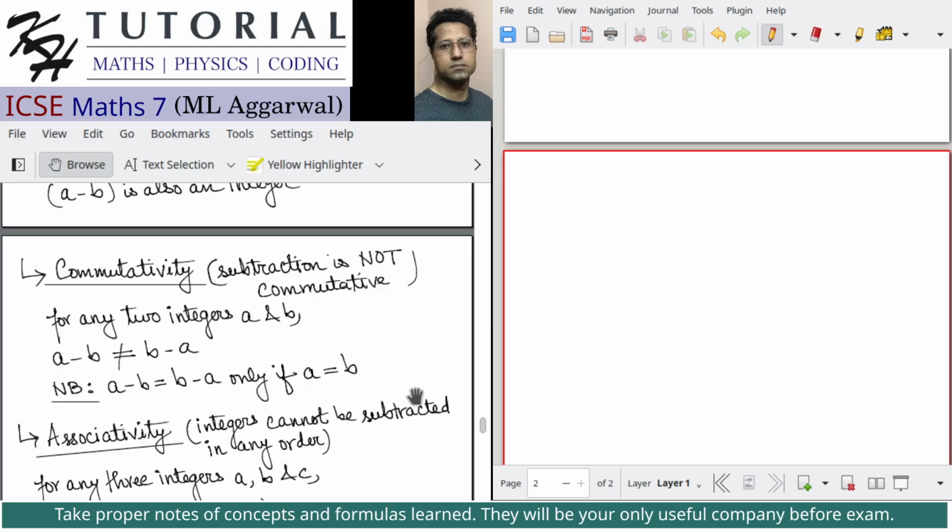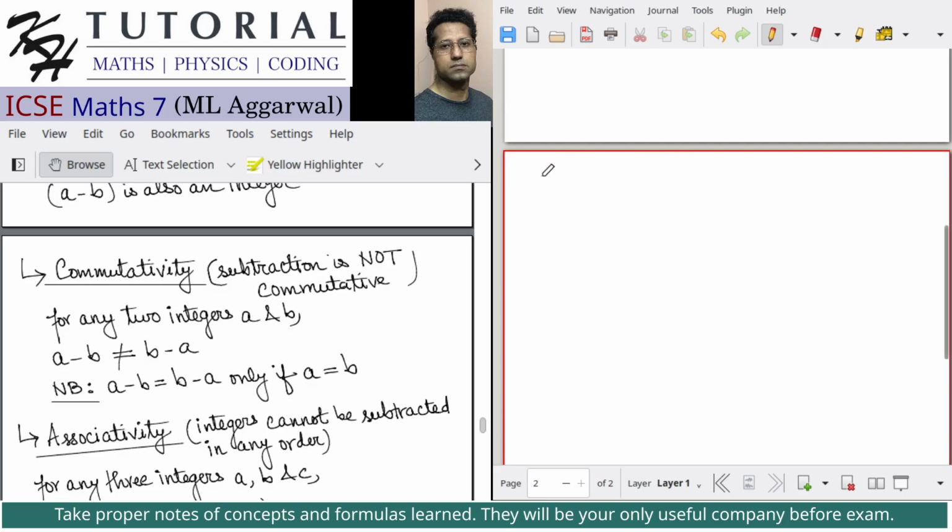Let's see what about the commutativity. Now subtraction is not commutative, that is, if you take any two integers a and b, it is not the case that a minus b will be equal to b minus a. If subtraction was commutative, then it should be true that a minus b is equal to b minus a. But for any two integers, it is not true.